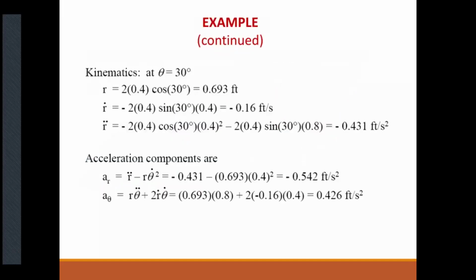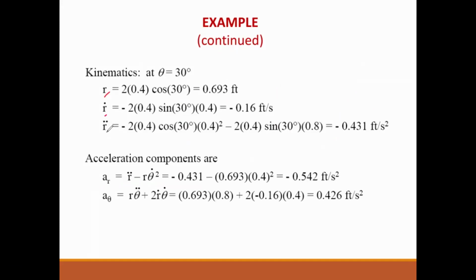From the previous topic, we can determine the acceleration in the r and theta directions by taking the first and second derivative of r. Do not forget to use the chain rule. Okay, and then we obtain the acceleration in the r and theta directions over here.